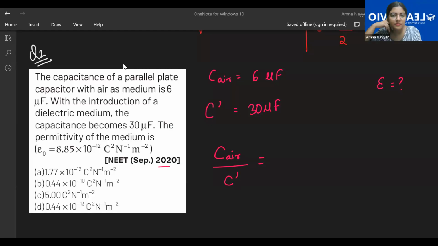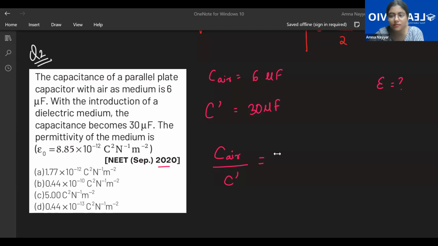Epsilon into C of air. That is right. But I already have this, right? This is already present. You're saying this is epsilon. That is not epsilon. Epsilon won't be given. That is something else which you're missing, Ibrahim.